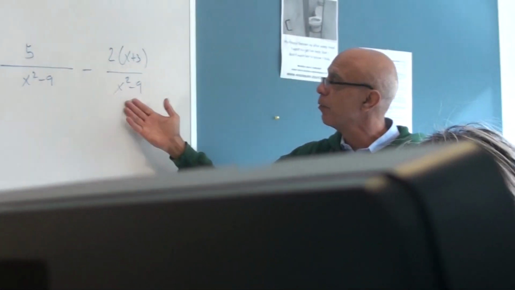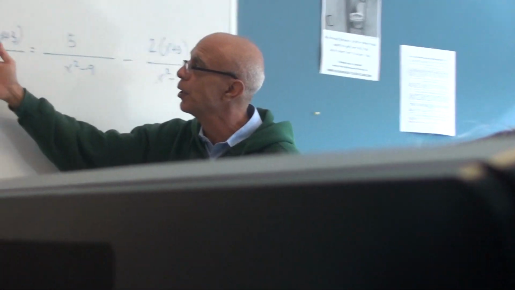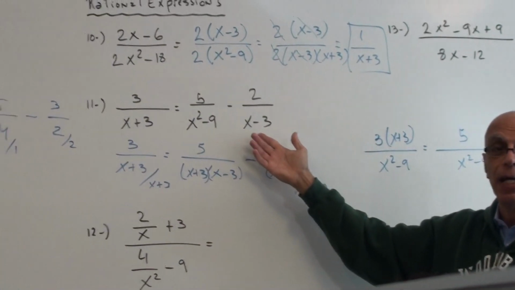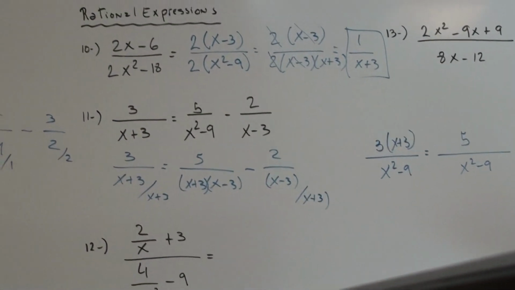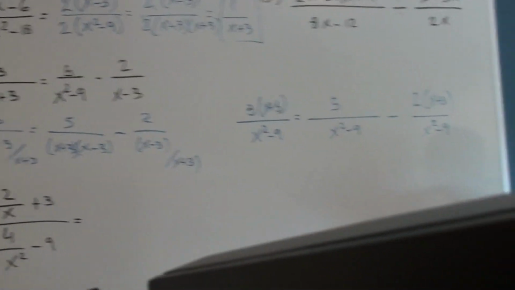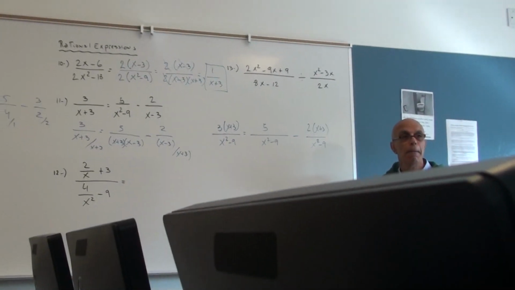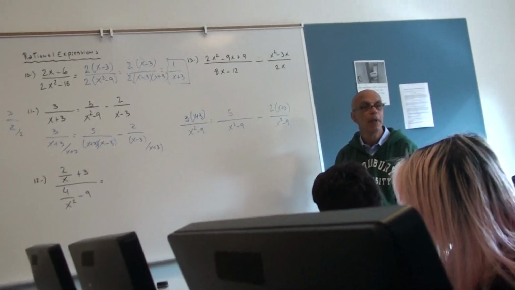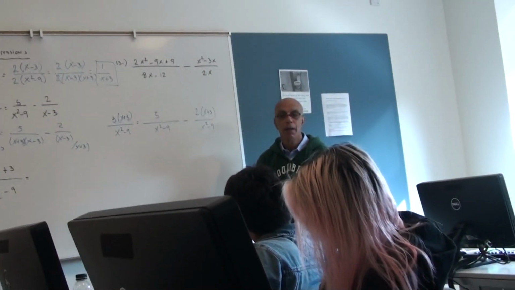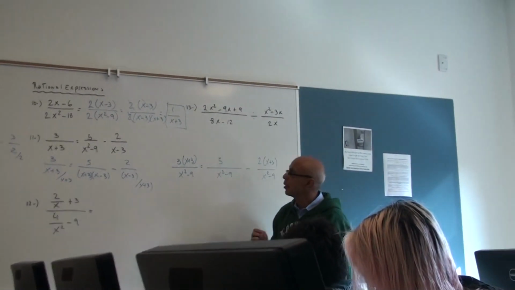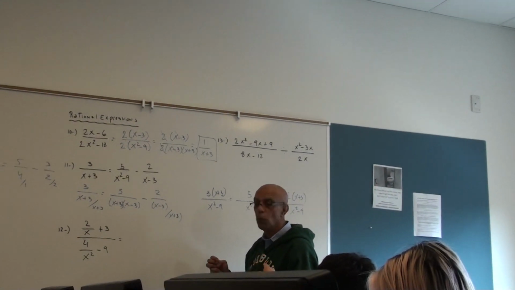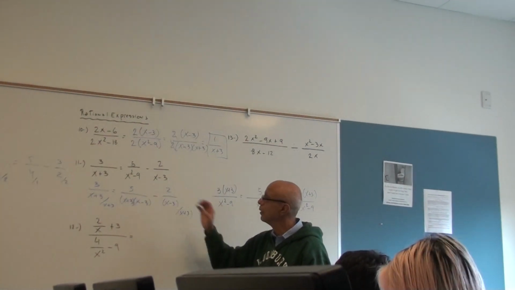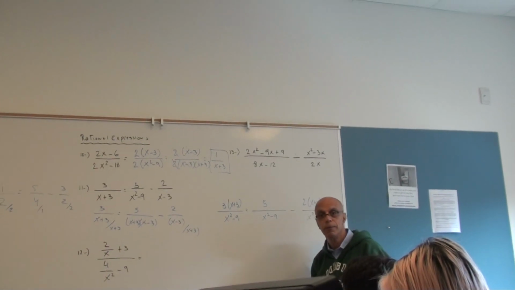But is there any restriction here? Is there any value of x that is not possible? What value of x is going to make this equation impossible? Look at the denominators here. What value of x is going to make this not possible?